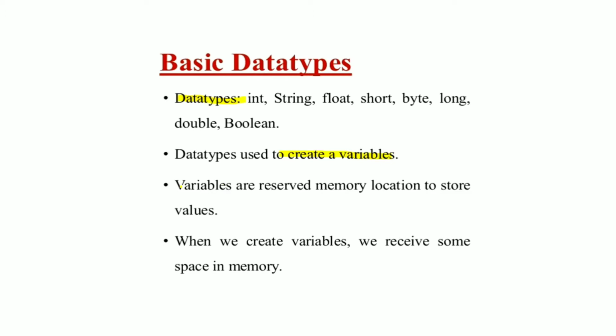And the variables are reserved memory locations to store values. That means for which purpose variables are used? Variables are used to store the value of data in memory. That's why when we create variables, we get some space in memory.